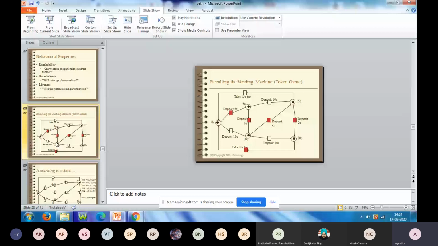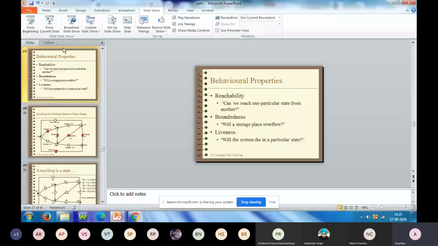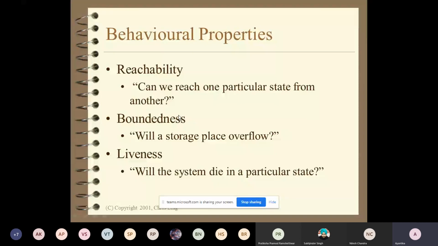But what we are interested in is this: we know how we can design and realize one Petri net from a state transition diagram. We have our specification. We know how to design the state transition diagram from it, and from the state transition diagram we can come to this typical representation of the Petri net.